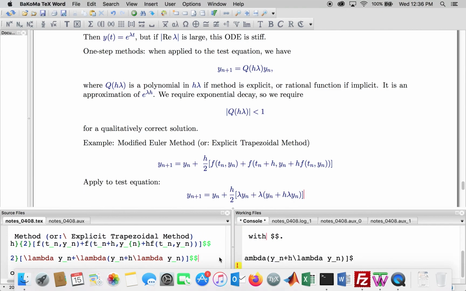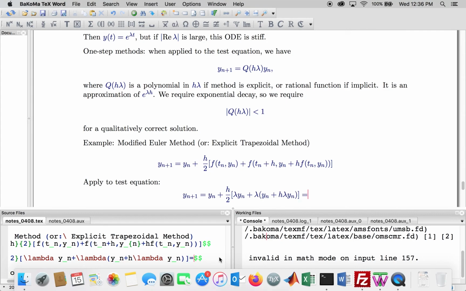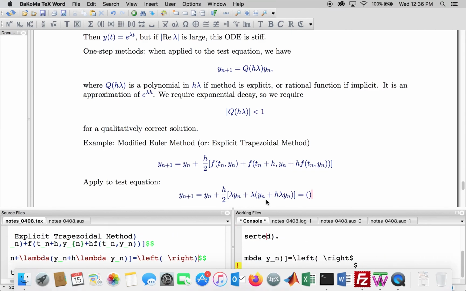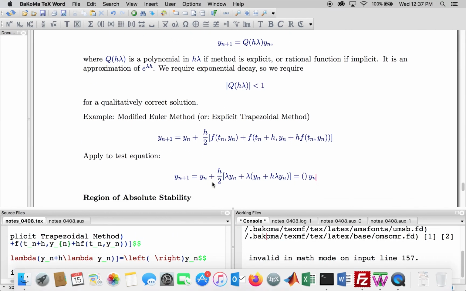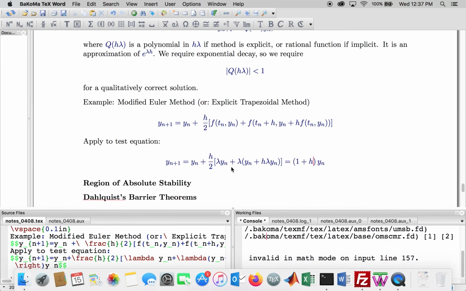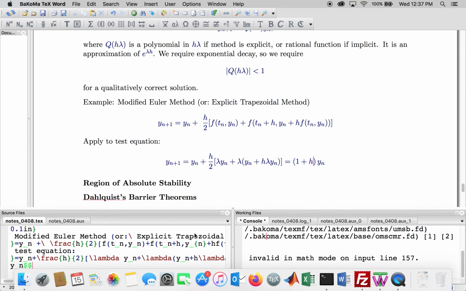Okay, so now I need to simplify that. Notice yn factors out of everything. So what's left? I'm going to have 1 plus h lambda over 2 from here, and then h lambda over 2 again from there. So those two terms combine to h lambda.